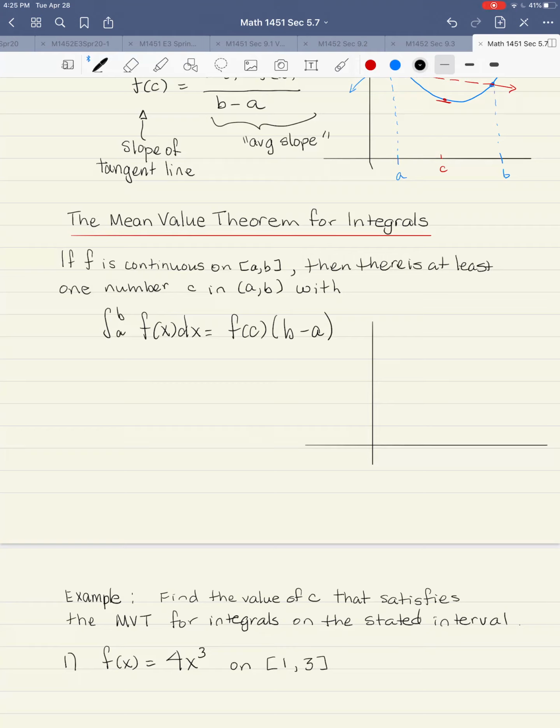We have a mean value theorem for integrals that says this. Given a continuous function, I'll draw a positive one, kind of like what we had up there. We know that the integral from a to b can give us this area in here, the area under the curve.